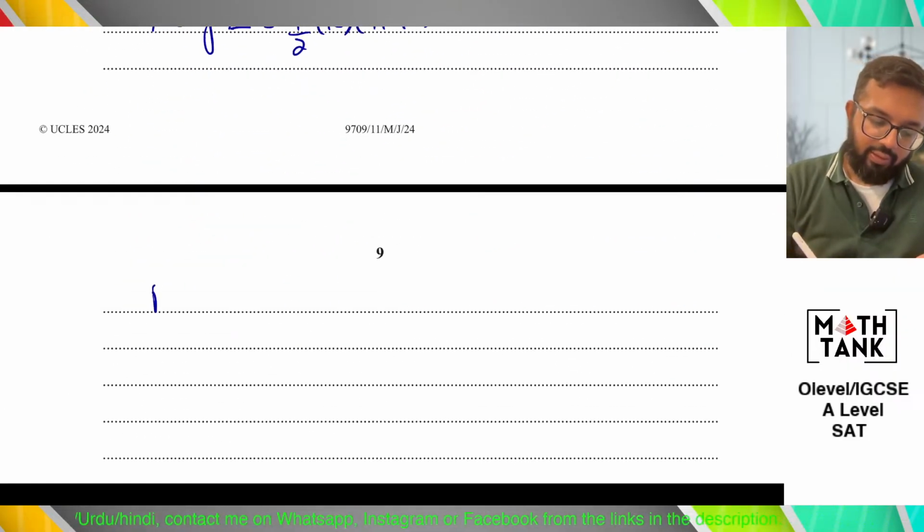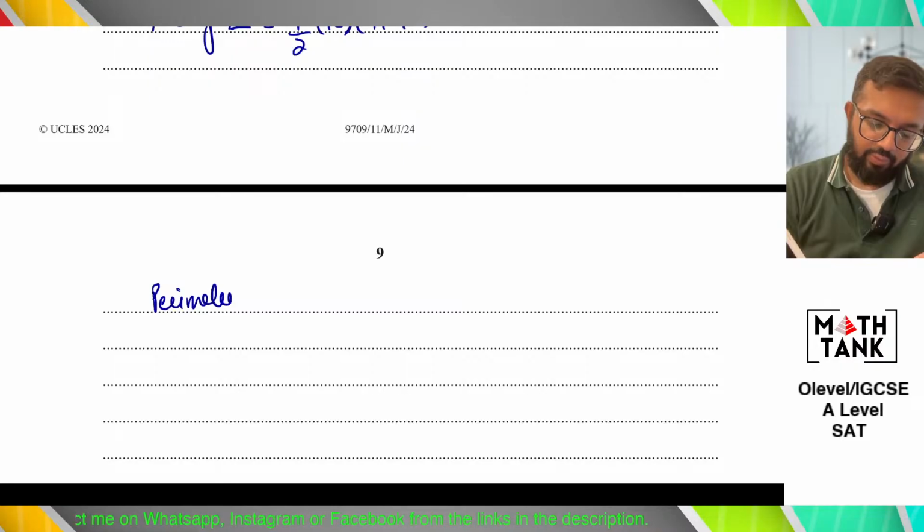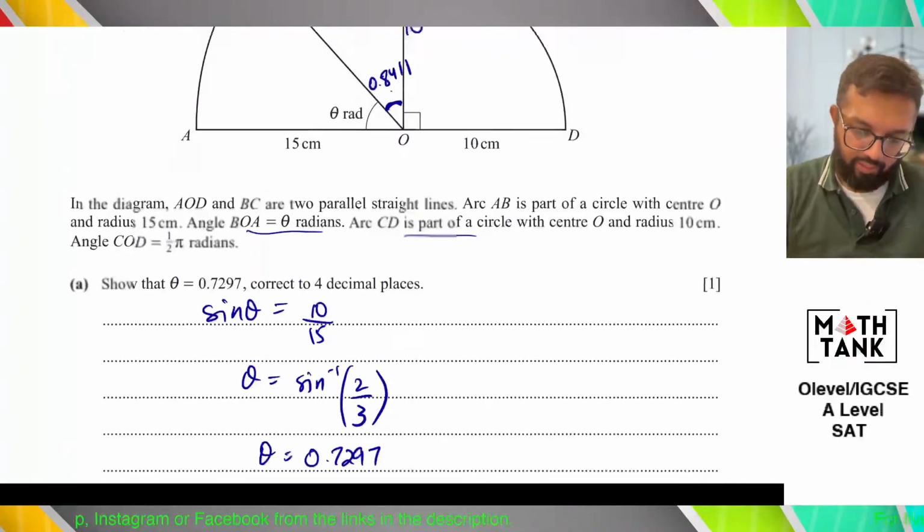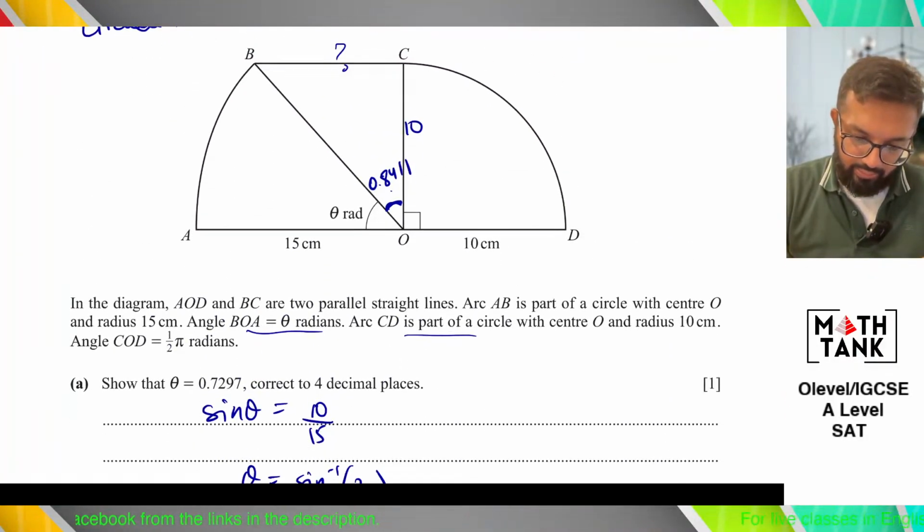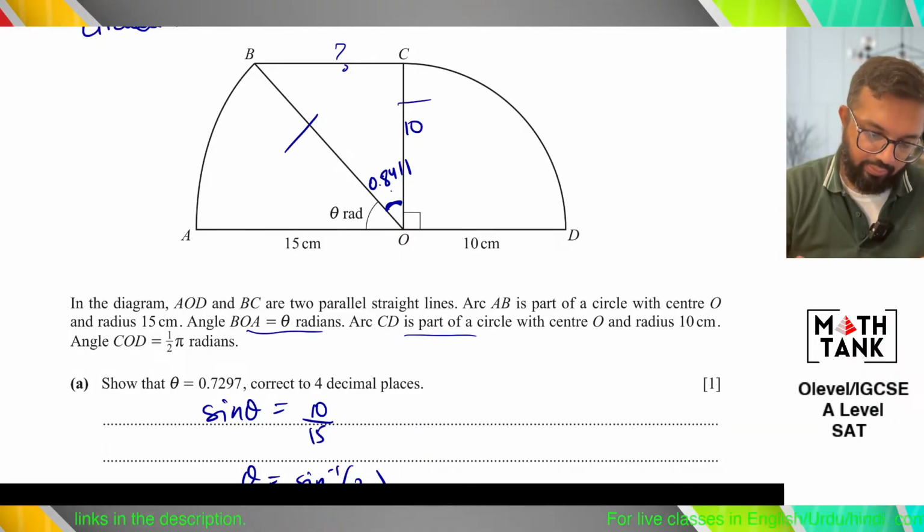The perimeter is definitely easier, just about adding all of the sides. Perimeter is the outer boundary, so you aren't going to add these two sides.